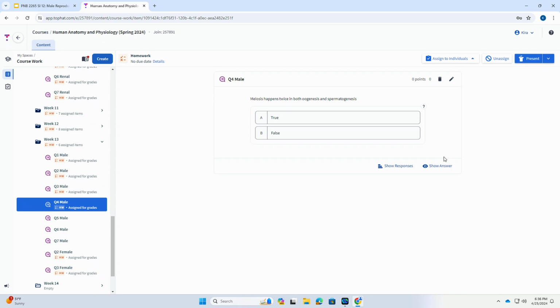Meiosis happens twice in both oogenesis and spermatogenesis. Perfect. Meiosis 1 and 2.